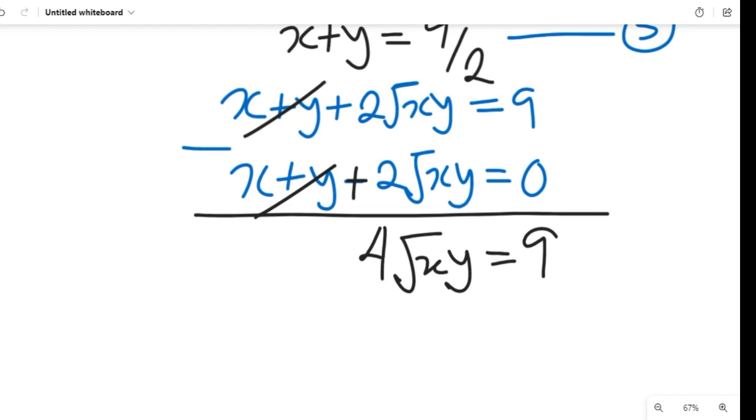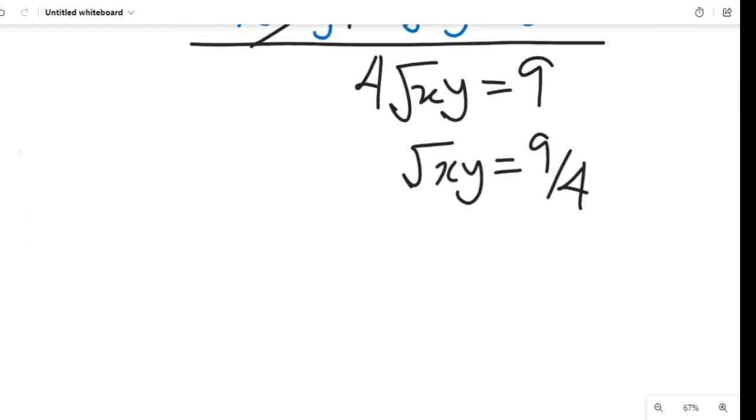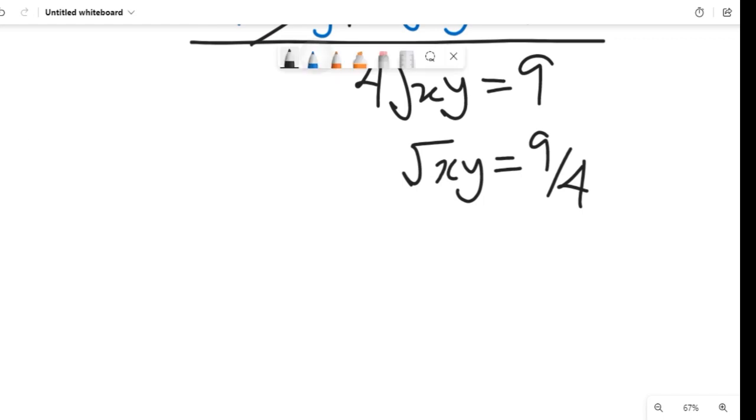So if we divide both sides by 4, we'll have root xy equal to 9 divided by 4. Having gotten that, we'll take that to be equation 6.